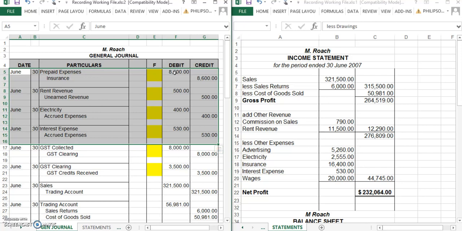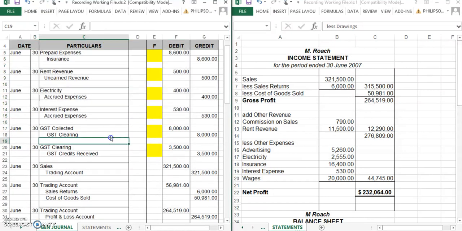So without overthinking it, with our reversing entries, all we are doing is reversing these. We get this entry here, and where this is a debit, we make it a credit, just getting the entries and flipping them around.